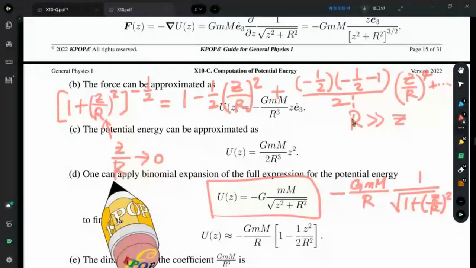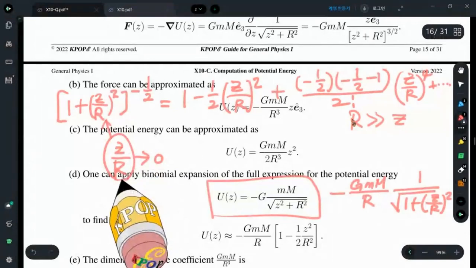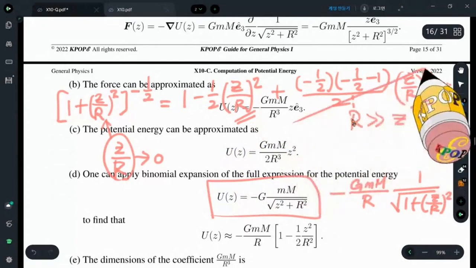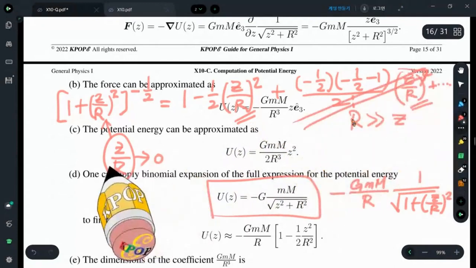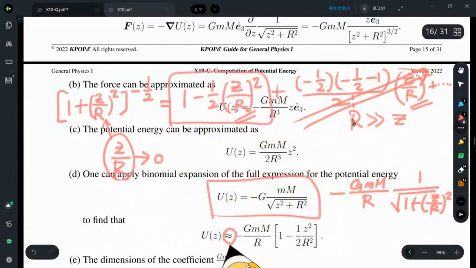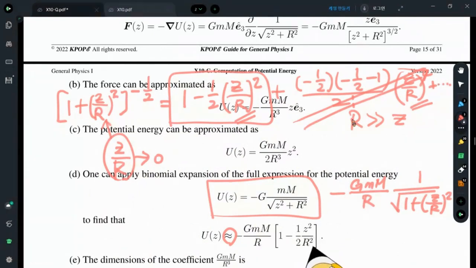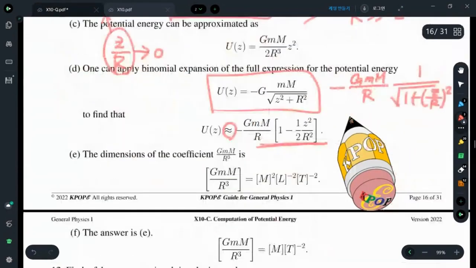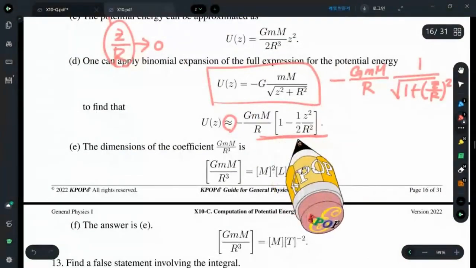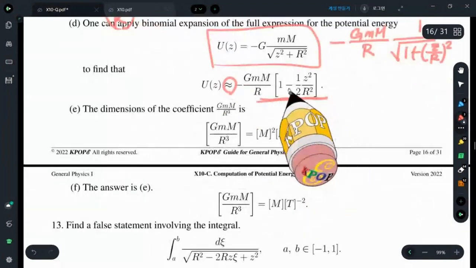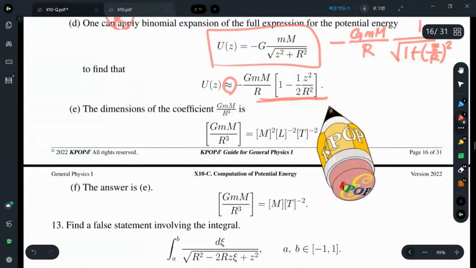As you have noticed, this is small, so the 4th power, we can neglect this one if it is very small. So in that case, I can make an approximation when z is much smaller than the radius r, then we can make this approximation. And using this, I can find the gravitational force in this approximation directly by taking the derivative with respect to z.